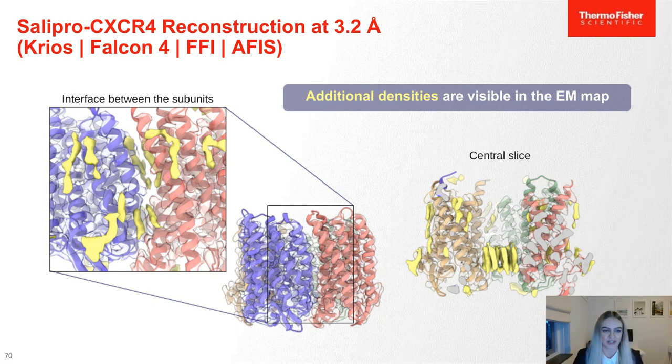So there are definitely additional long tubular densities visible between the subunits and also on the outside of the protein, as well as in the inside when we look at the central slice. So these could be lipids or other hydrophobic molecules, and we're now in the process of investigating what these are.